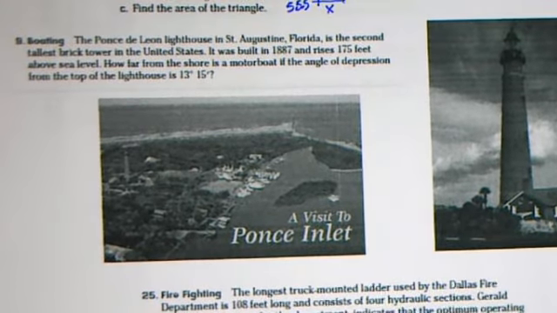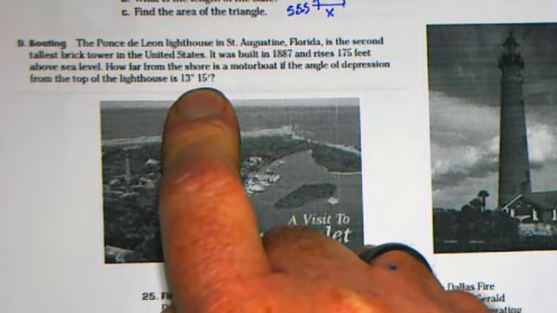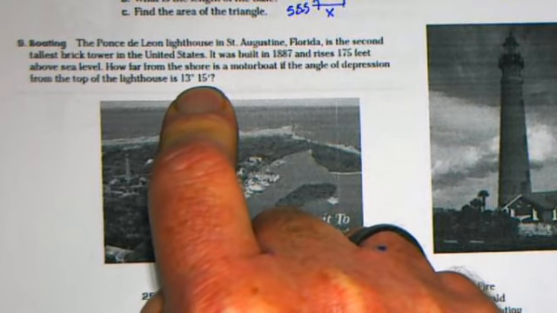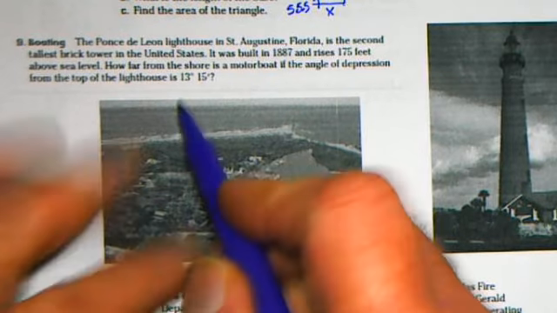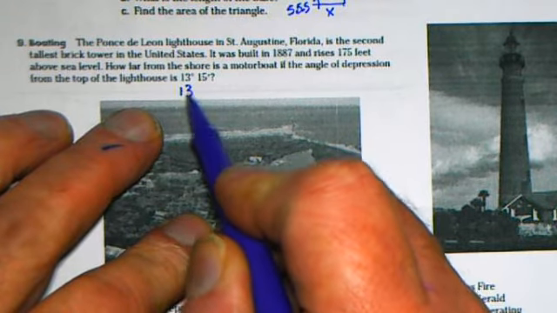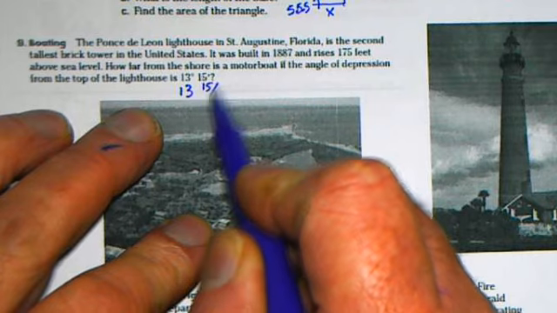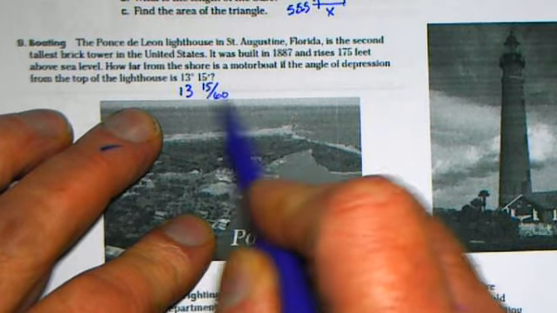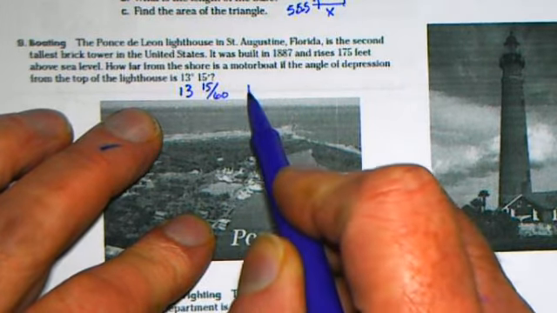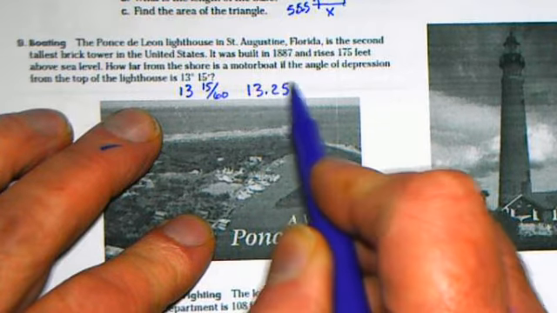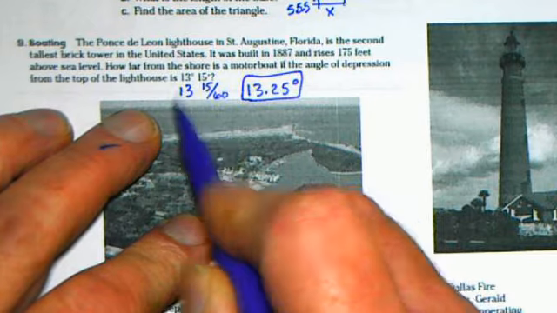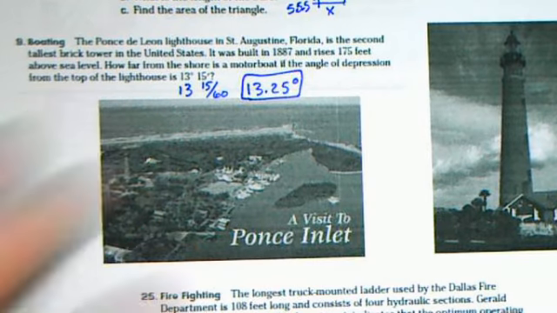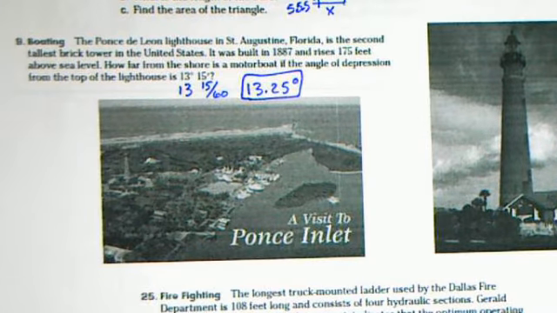Here, again, we have to worry about having decimal degrees to more easily use the calculator. So we have to think about 13 and 15 sixtieths, which is a quarter. So 13.25 degrees is the decimal degree equivalent of 13 degrees 15 minutes.